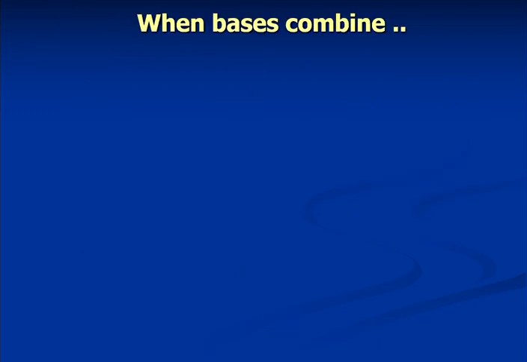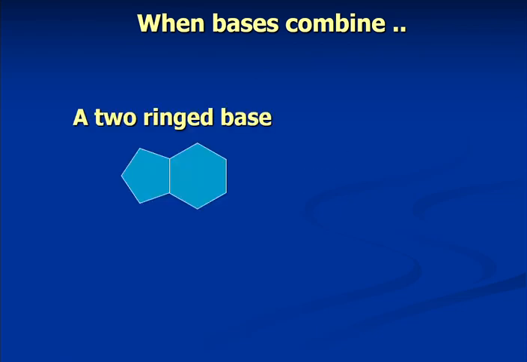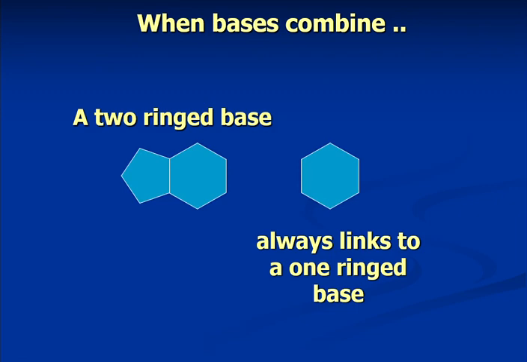So, when you have your bases combining in the middle, a 2-ringed base will always combine with a single-ringed base. So if on one side of the polynucleotide is a double-ringed nitrogenous base, directly opposite to it would have to be a single-ringed base.